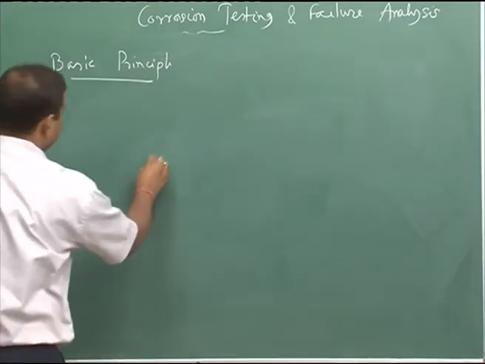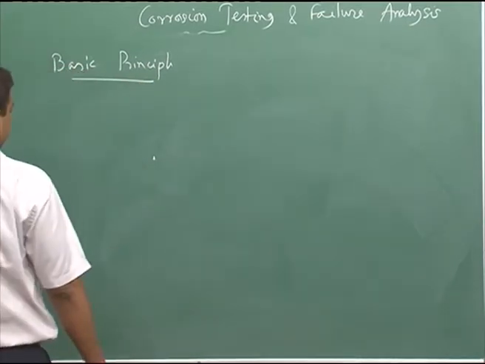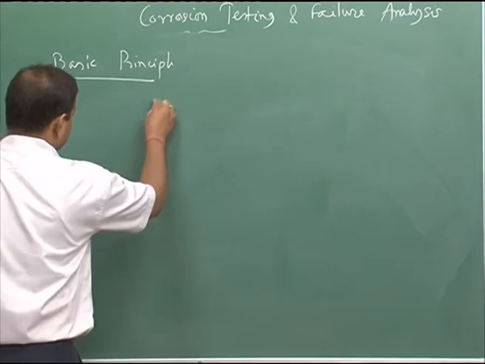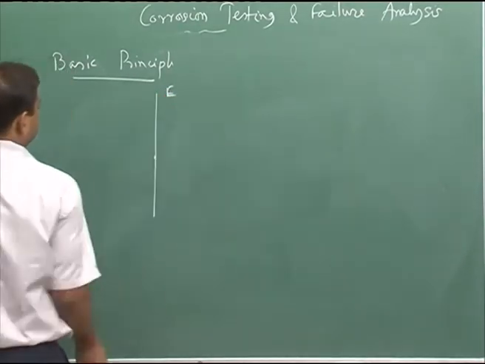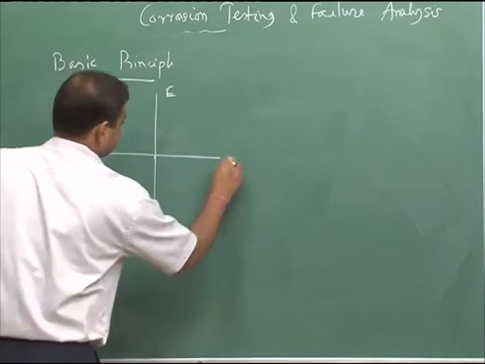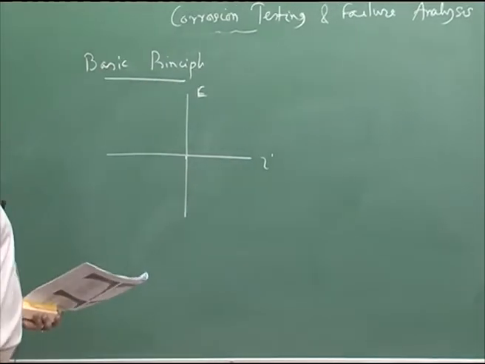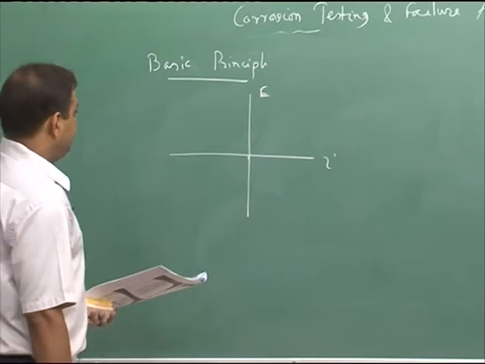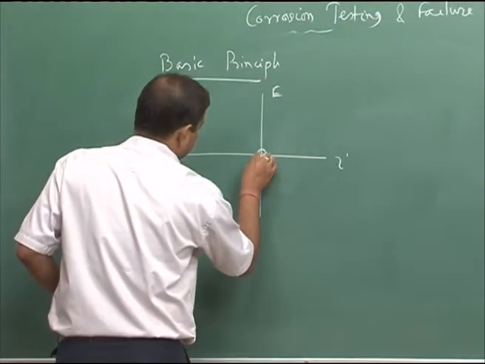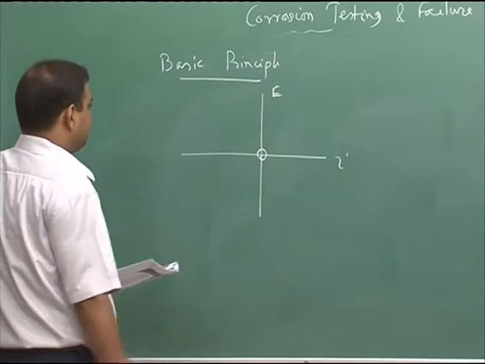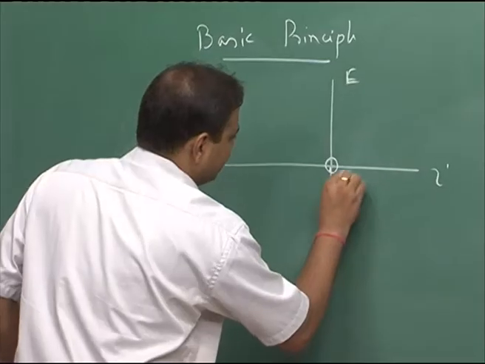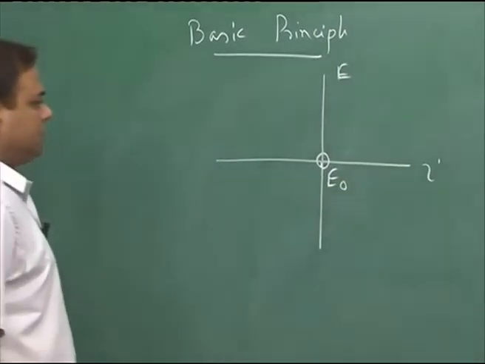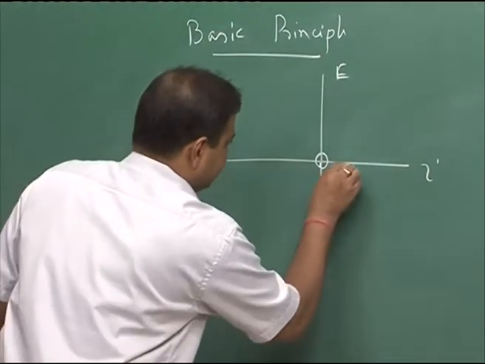Let us consider a point on the potential axis. This is the E axis and this is the current axis, the I axis. The potential of that metal is at this point, which has some value, let us say E0, rather let us put E dashed.